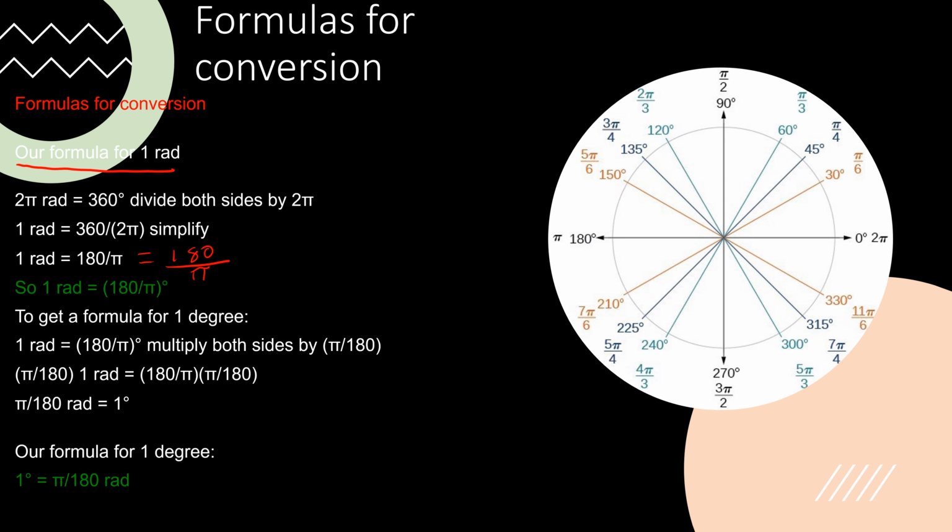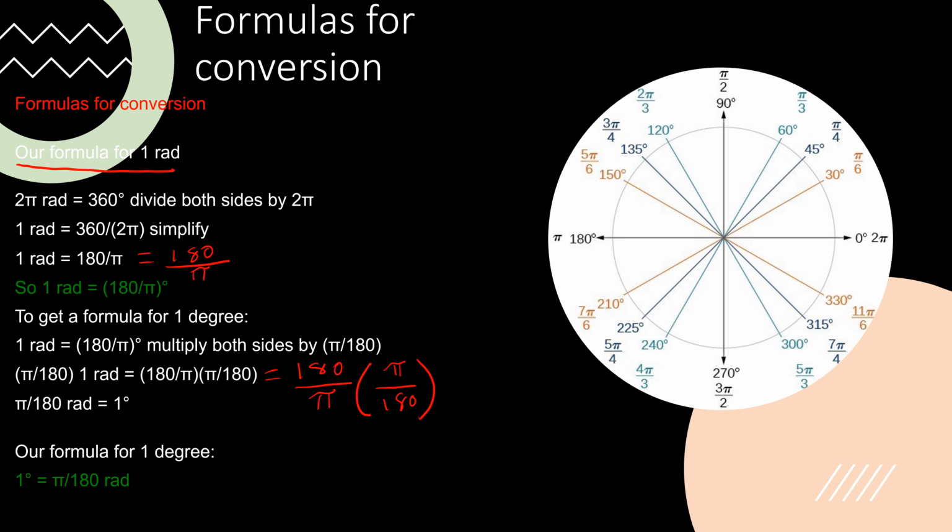If I multiply by the reciprocal, I get pi over 180 on both sides. Actually, let me rewrite this so it's a little bit more clear to see. I take the 180 over pi, which is what I had up here, and then I multiply by pi over 180.